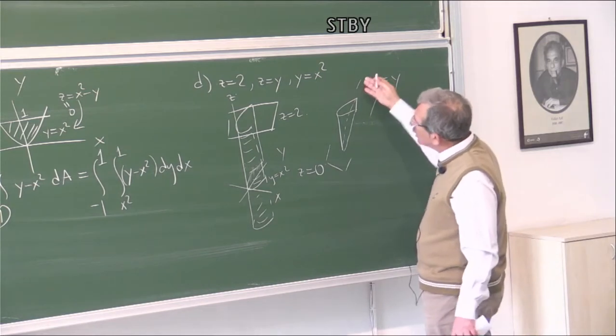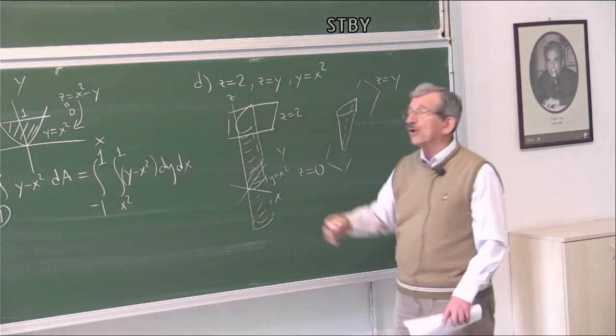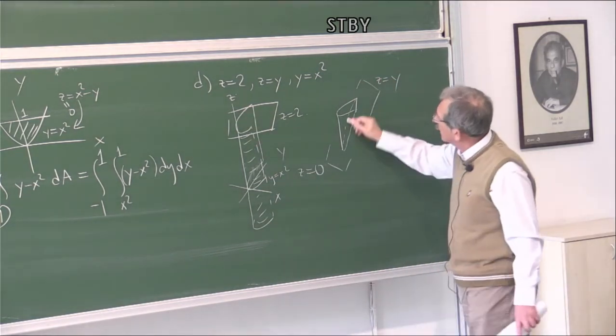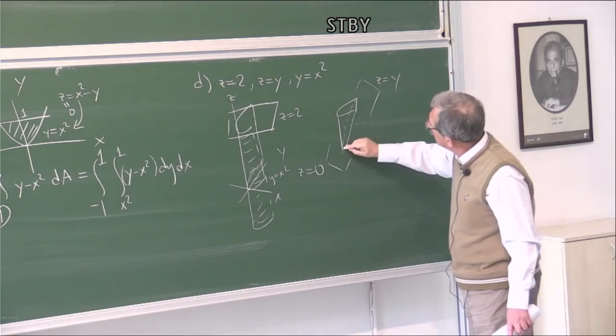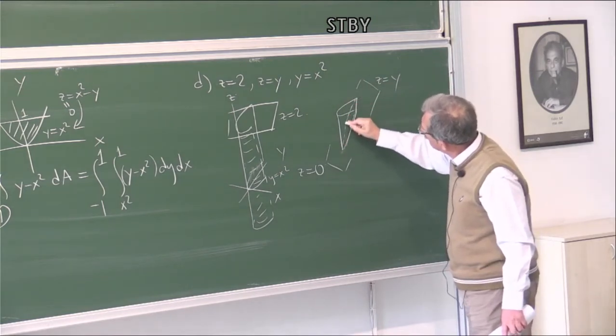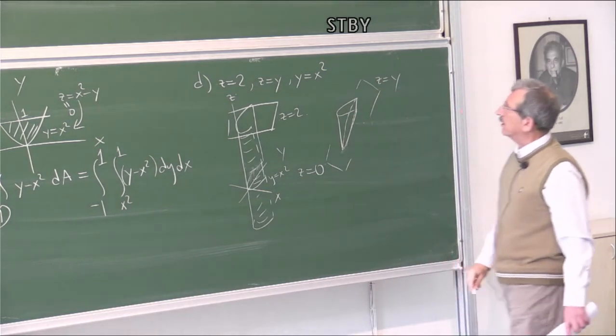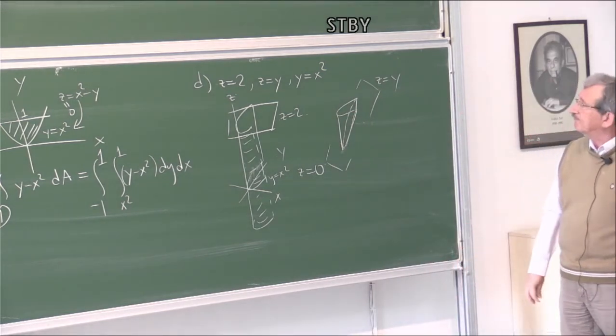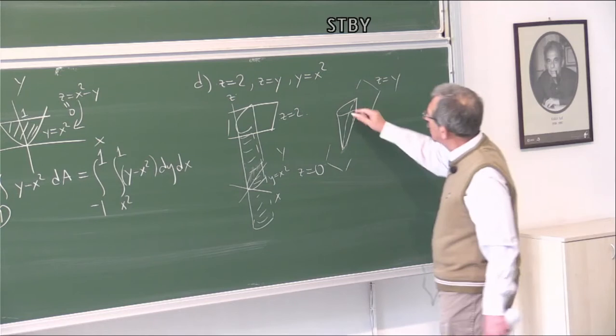Of course, when it cuts into this curved surface, you don't get straight lines here. You get something like a parabola. So the whole picture then looks like this.